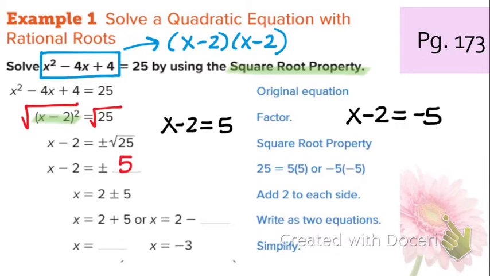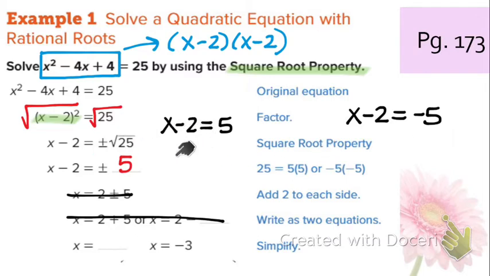That's what they're doing down here, except down here this kind of looks confusing. So just ignore these two, because that might be a little confusing. At this part here, we're going to break it apart into two separate equations. So we have x minus 2 equals positive 5, and x minus 2 equals negative 5.